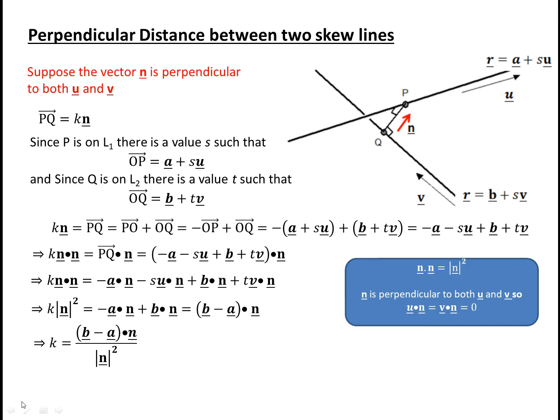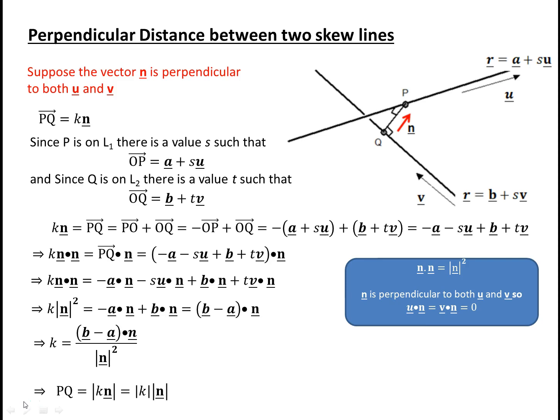Now what we're after is the size of the vector PQ. We're looking for the distance of P from Q. So the distance of PQ is the size of the vector k times n, which is just going to be the modulus of k times the length of n.